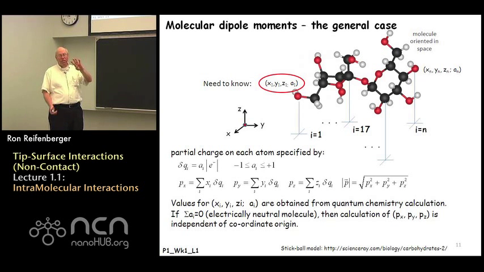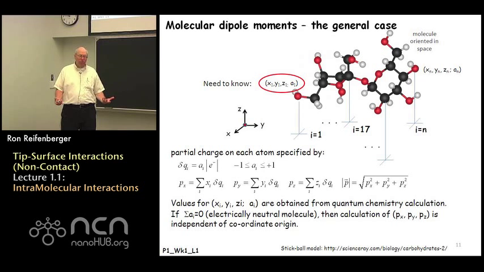Well, that calculation requires you to know 4 quantities. 3 of the quantities are the x, y, z coordinates of each atom in the molecule. That's indicated by the parameters x sub i, y sub i, z sub i in this diagram. The 4th quantity you need to know is a parameter that's referred to as A. A is the number that tells you the partial charge that each atom in the molecule possesses.